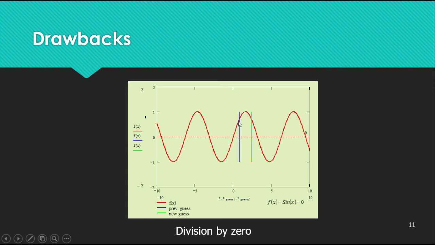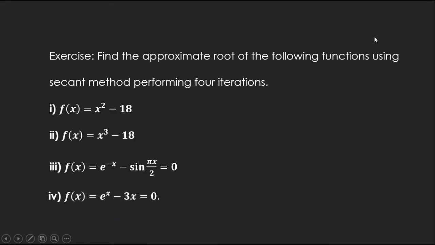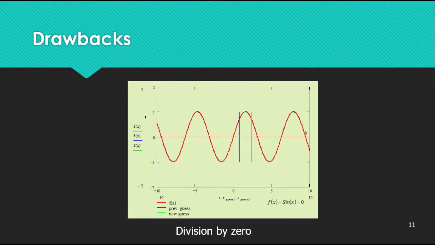If the height of the function is the same on the graph at two values, then what will you get? You will get 0 in the scheme at f of xi minus f of xi minus 1, and division by 0 will take you toward divergence. So it is another drawback of the secant method.